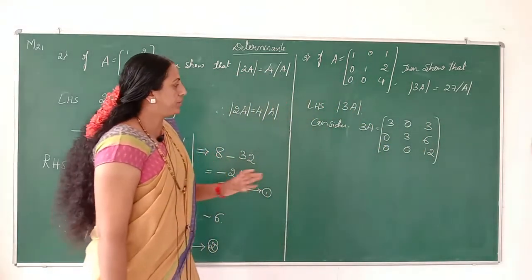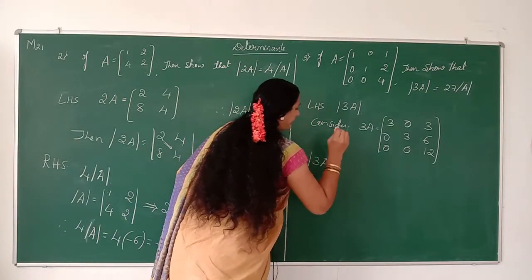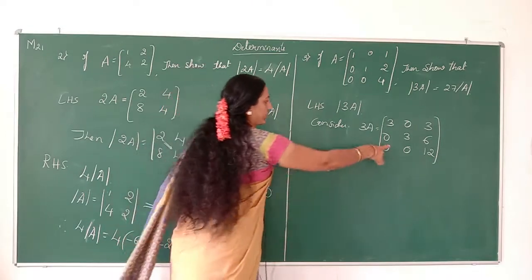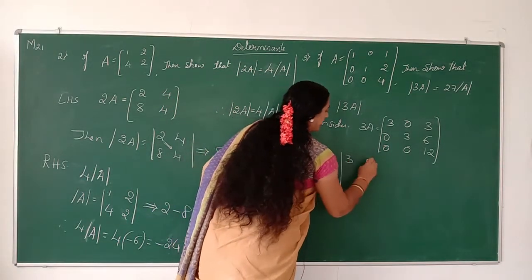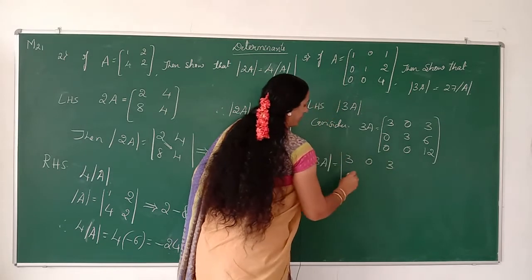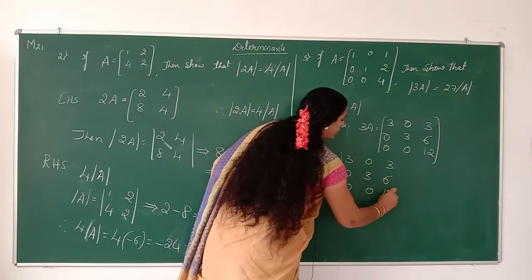That is 3A. After that, using determinants, for determinant of 3A, these elements are enclosed in the form of a determinant: 3, 0, 3, 0, 3, 6, 0, 0, 12.